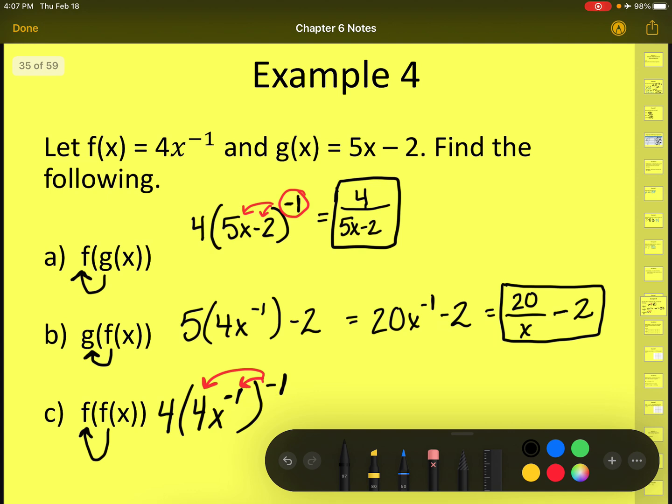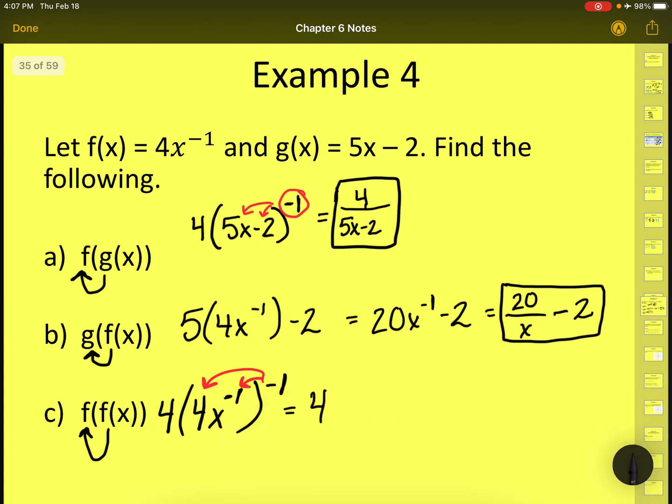We didn't quite do anything to that outside 4 yet. And when we distribute that negative 1 to the 4, that's going to be 4 to the negative 1. This coefficient of 4 had a 1 already as an exponent. So 1 times negative 1 when we distribute there is negative 1. Then on the x, negative 1 times negative 1 is positive 1.